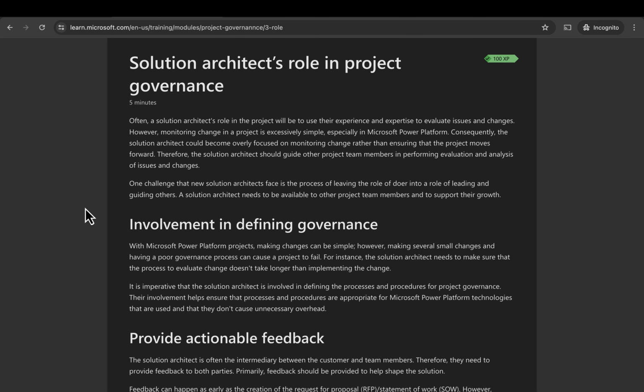Solution architect's role in project governance. Often, a solution architect's role in the project will be to use their experience and expertise to evaluate issues and changes. However, monitoring change in a project is excessively simple, especially in Microsoft Power Platform. Consequently, the solution architect could become overly focused on monitoring change rather than ensuring that the project moves forward.